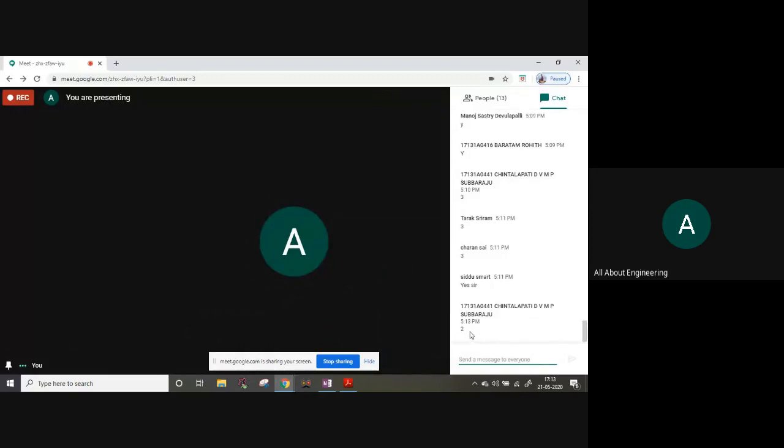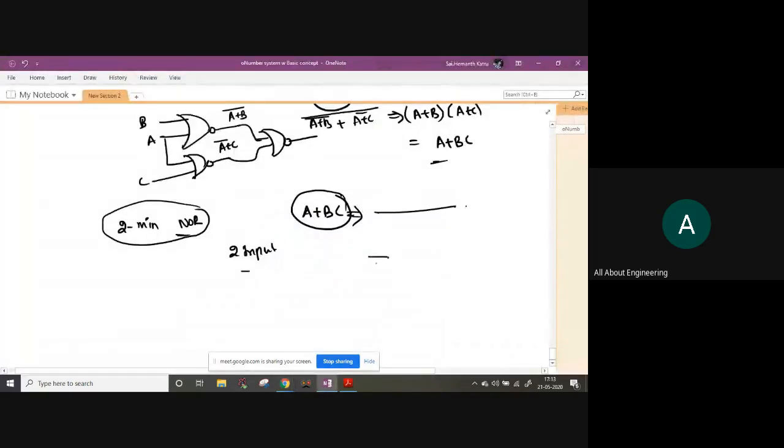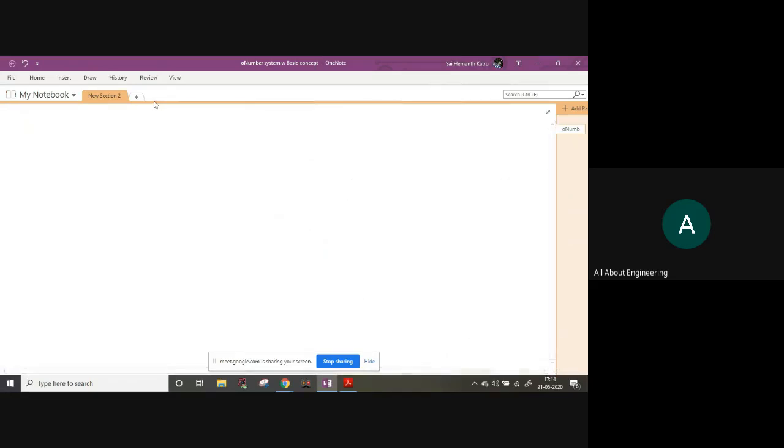Yes, 2 is the answer, because an AND gate is required to get BC, and an OR gate is required for A plus BC. As simple as that. The minimum number of gates required is a very important model that we often see in the GATE paper.